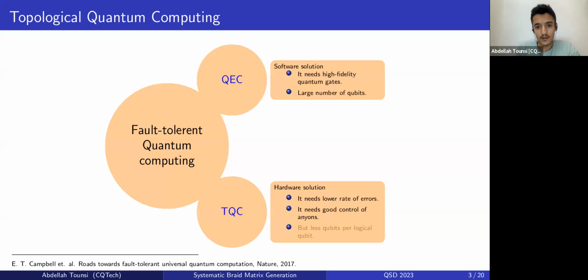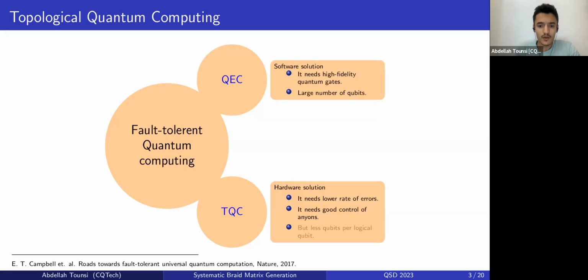The first one is a software solution that includes quantum error correction codes. But of course, it needs low error rates and high fidelity quantum gates, typically an error rate of 1 in 1,000. And moreover, to encode a logical qubit, we need a large number of physical qubits.